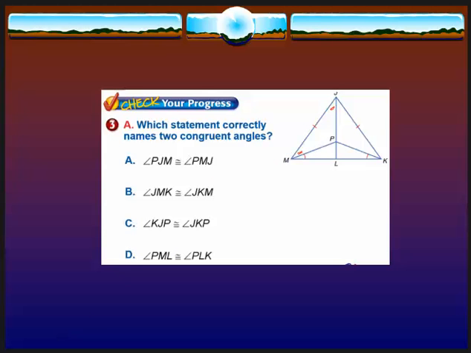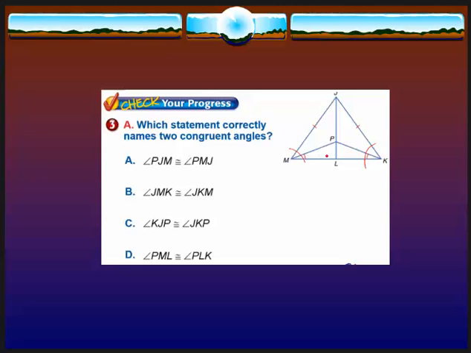So now let's look at the other two, JMK, this whole big one here, and JKM, this whole big one here. It's important that you are able to have the perspective of seeing all the different triangles in this figure.